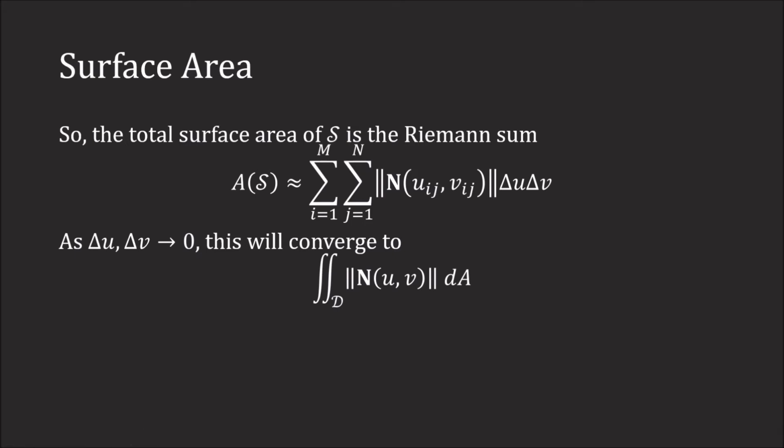So this piece right here is the surface area of S. So what this is saying is to find the surface area of a surface S, we need to find a parametrization of it first, find a normal vector, an outward pointing normal vector, take its norm, and integrate that norm over the domain of the parametrization.